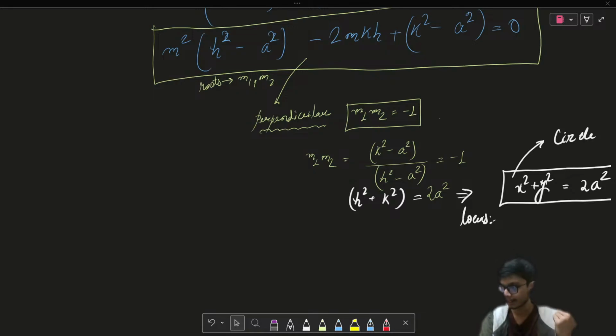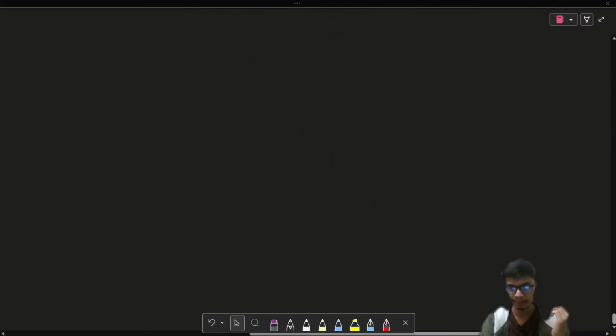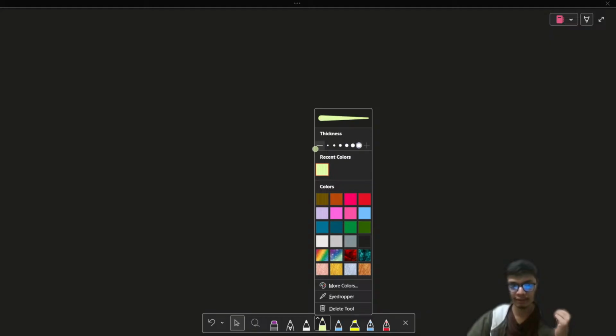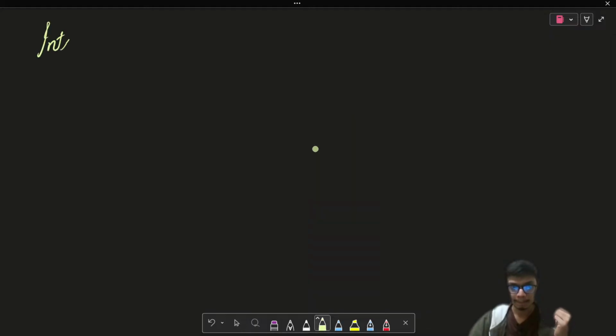Now let us move ahead and explore the concept of intersection of two circles.